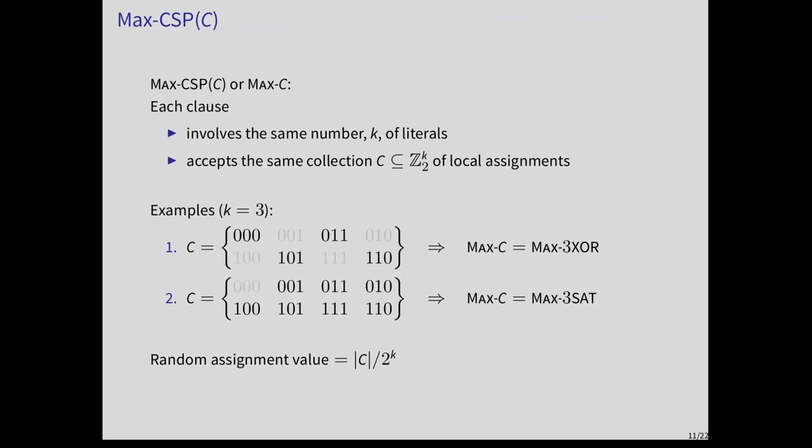We want this feature because, for example, these literals correspond to the right-hand side of linear equations in Max 3-XOR. And clearly, a random assignment will satisfy in expectation the size of C over 2 to the k fraction of constraints.